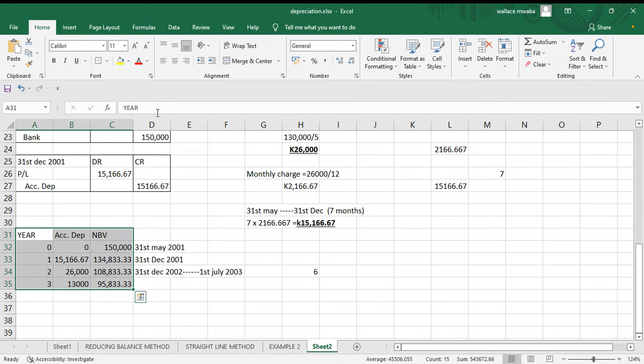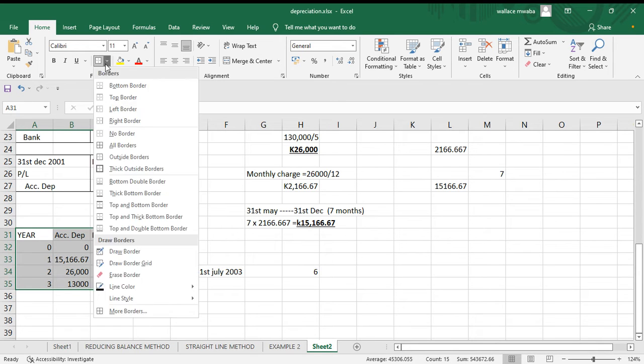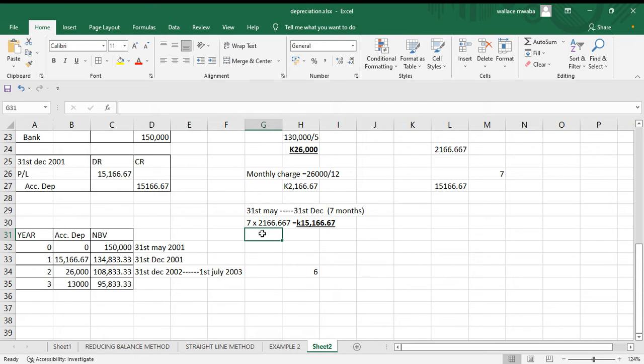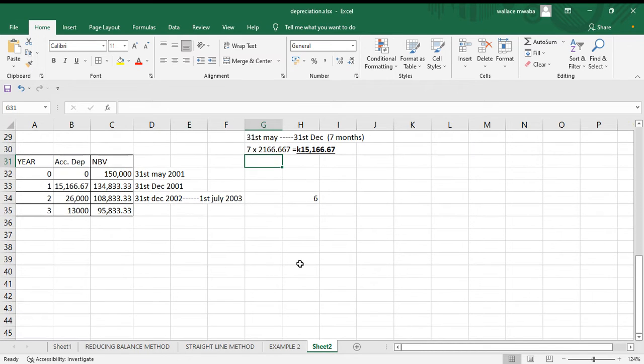So the next thing that we're going to do now is deal with the accumulated depreciation account. Okay, so I'm going to make space here.